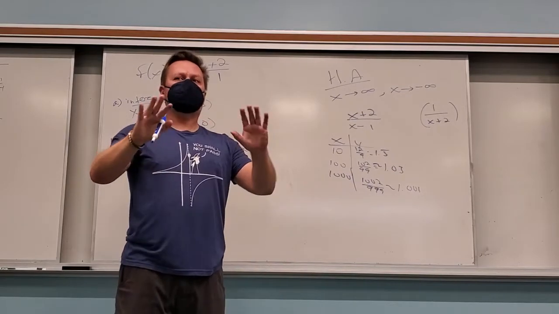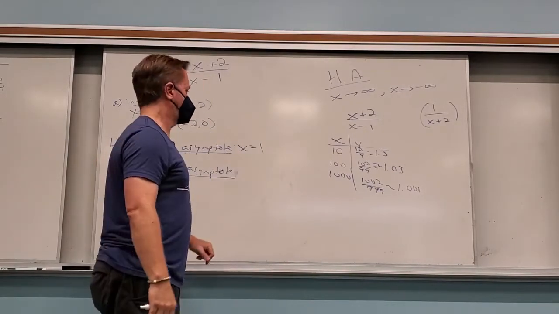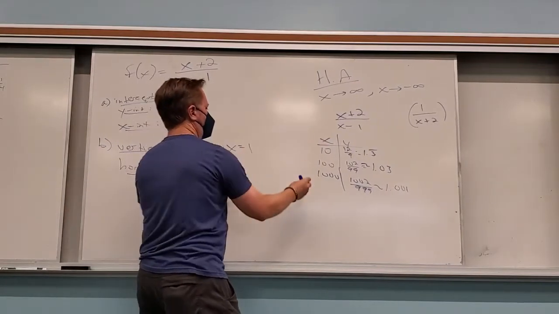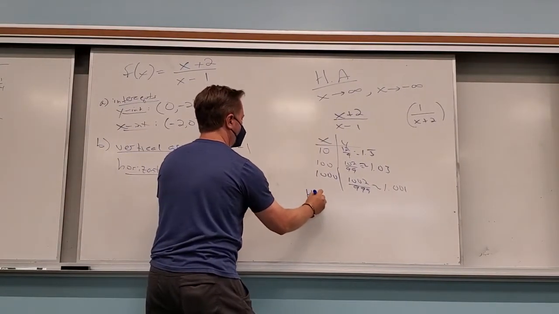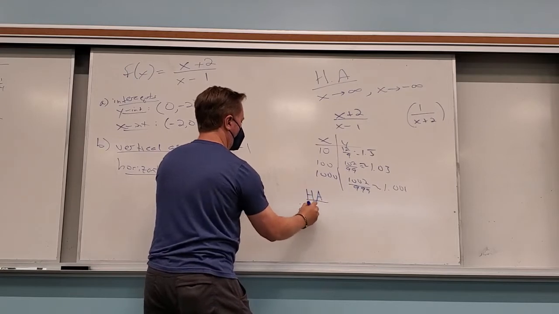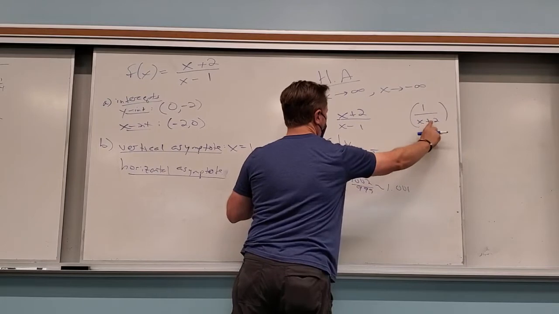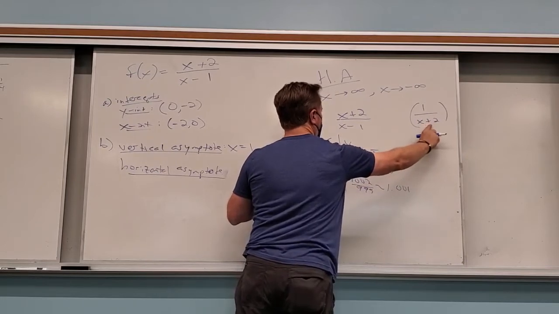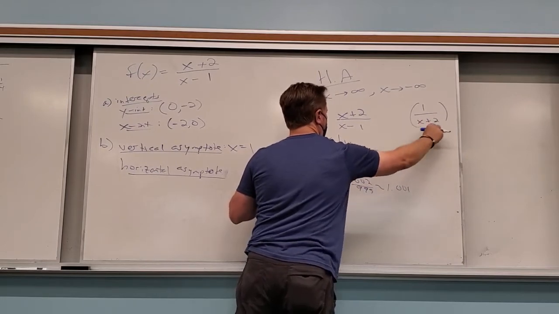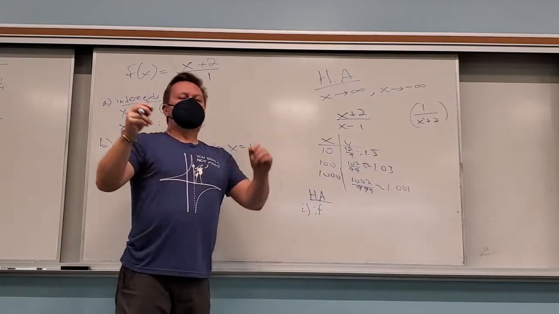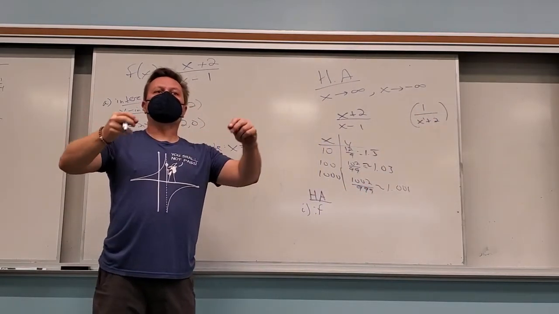So here's one shortcut for this. We've already developed a couple things. So notice something. For horizontal asymptotes, if the bottom degree, what's the degree of the bottom here? It's the first degree, yes?